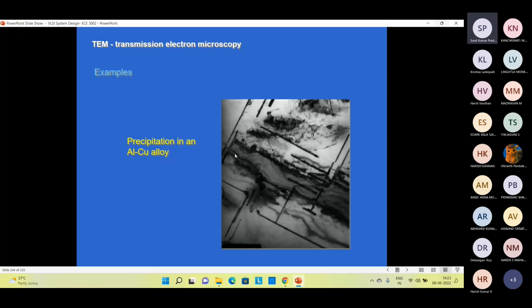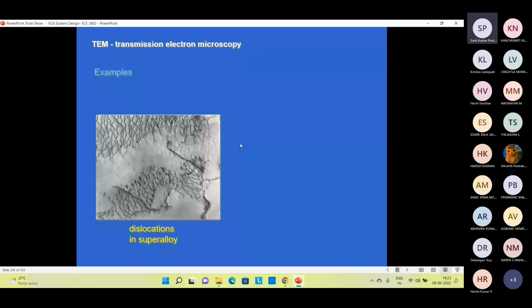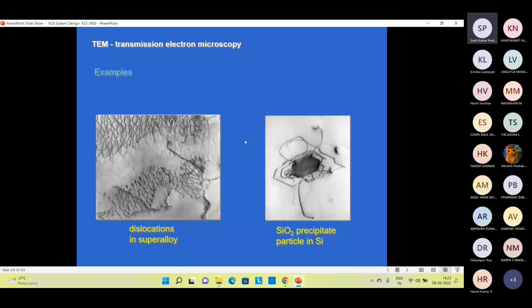Let's say we have precipitates in an alloy. We are able to see them in this instrument very clearly. Okay, so this is also very important. Similarly, we have precipitated particles on silicon. Let's say we have a silica or silicon dioxide precipitated particle on a silicon substrate. Okay, so we can see here the silicon substrate, and how the precipitated particle sits on the silicon.